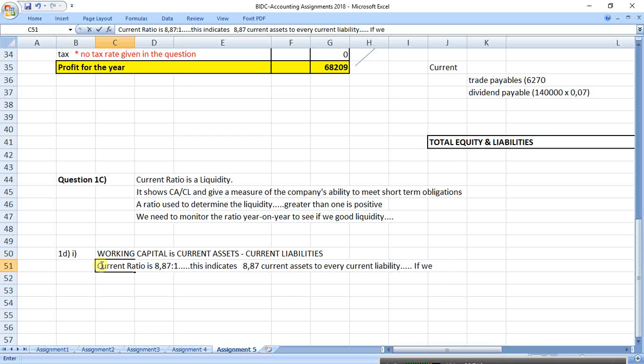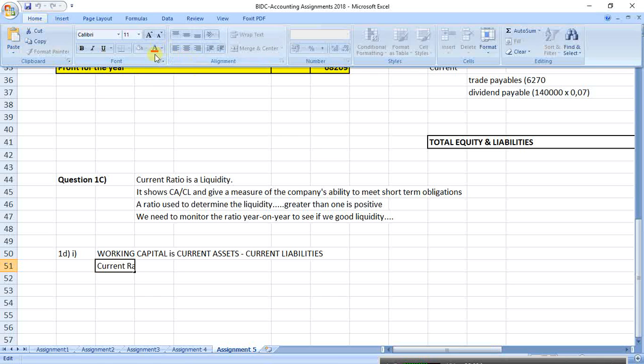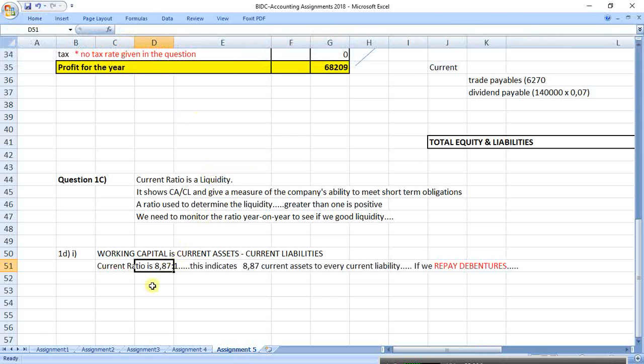If we, what did they say? Repay. Okay, so they say if we repay debentures. Okay, what is the effect going to be? That's what we're looking at. Right, well, first of all, we need to understand what a debenture is. Okay, so what is a debenture? Do you remember? So let's see what you've written. Yeah, so the current ratio is 8.87.